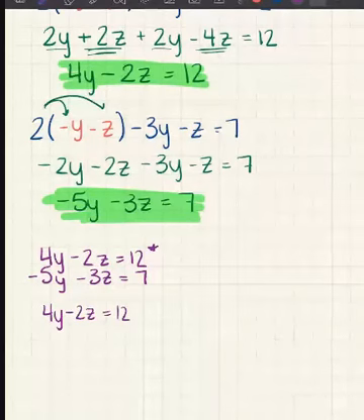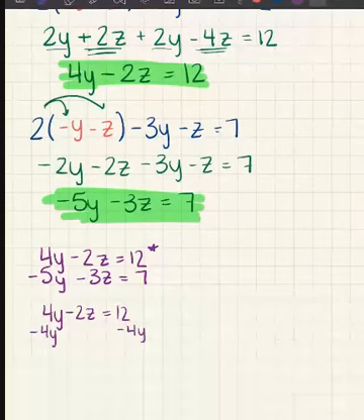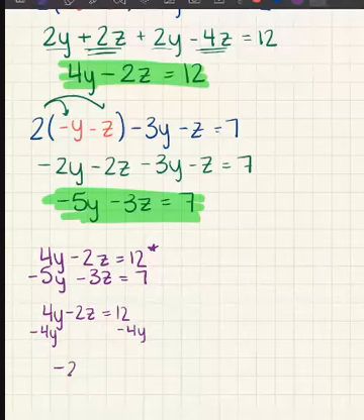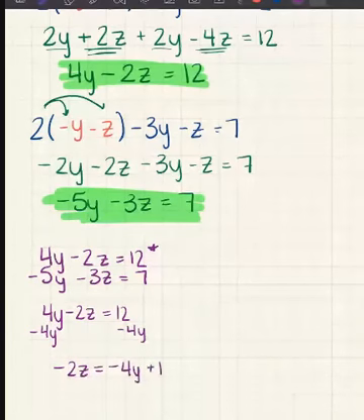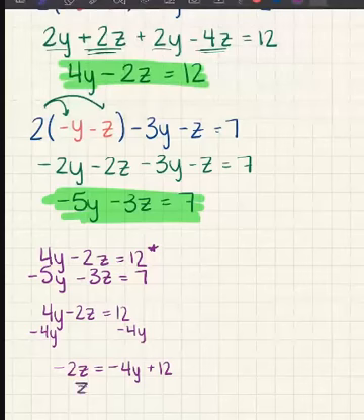We can move the 4y to the other side, giving me negative 2z equals negative 4y plus 12. Then I can divide everybody by negative 2, which gives me z equals 2y minus 6.